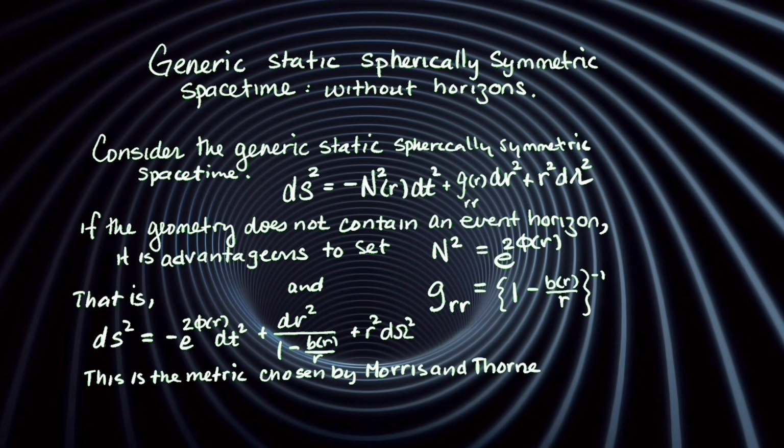This is the metric which is chosen by Morris and Thorne for their analysis of traversable wormholes, because a traversable wormhole does not have a horizon.